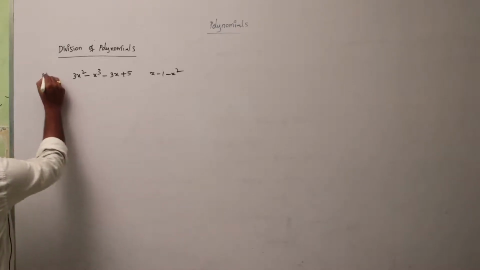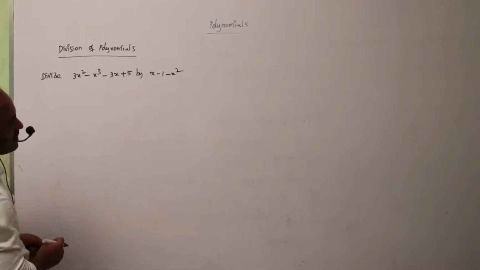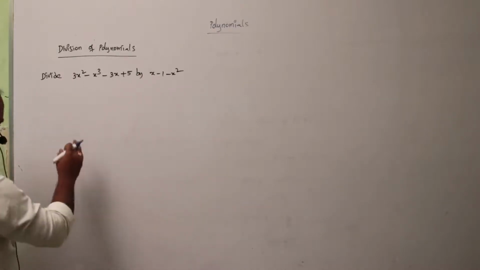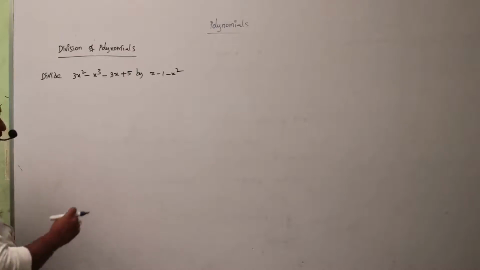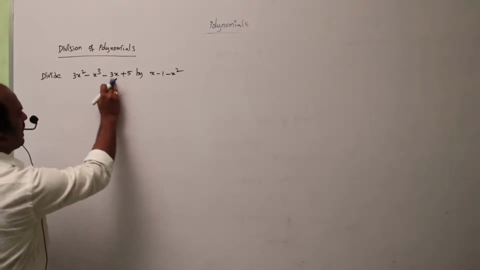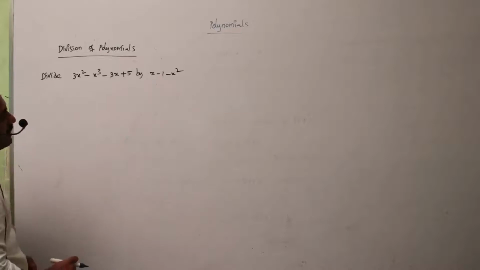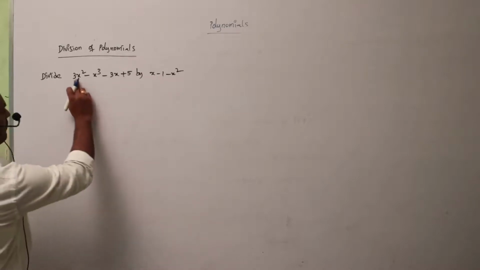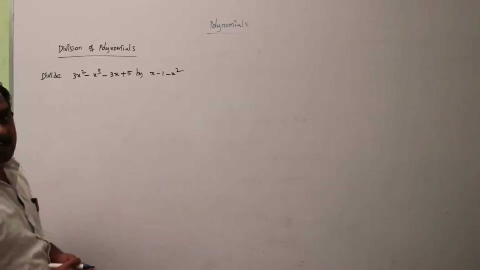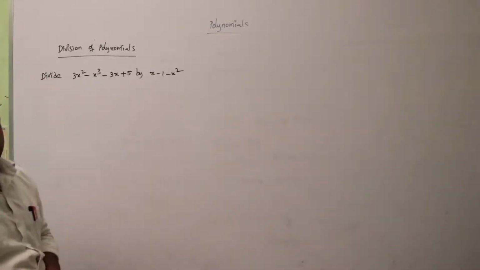This polynomial is divided by this polynomial, x minus 1 minus x square. Before going to division, first see all these: 3x square minus x cube minus 3x plus 5, and here x minus 1 minus x square. The first step is that the given polynomial you have to arrange in either ascending order or descending order according to the exponents of the variable.